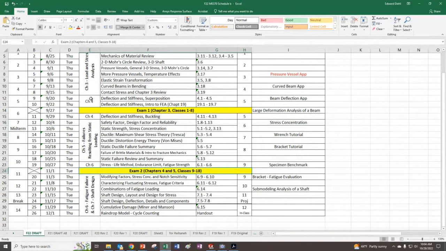So we did some stuff in chapter 4 where we did deflection and a little bit of introduction to FEA. We used FEA with superposition to get the deflections and the homework in there. We also covered some buckling. These aren't really strong points of emphasis for the exam.